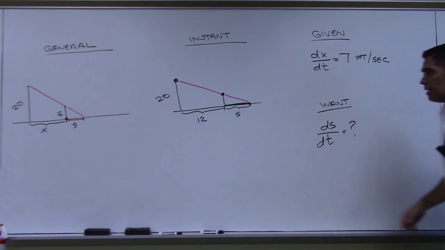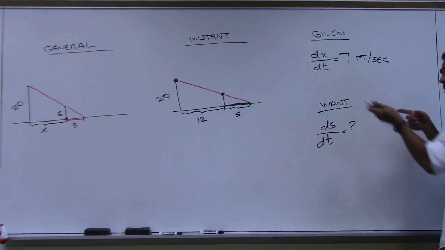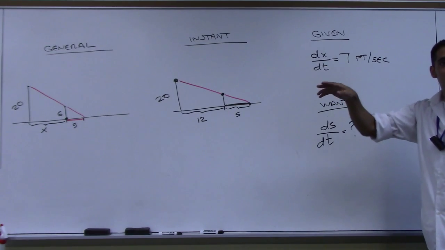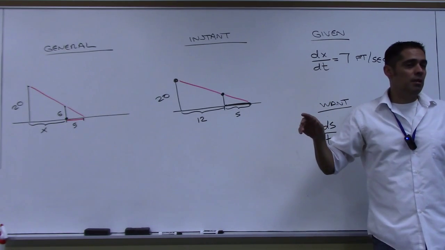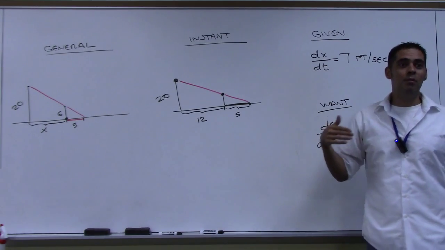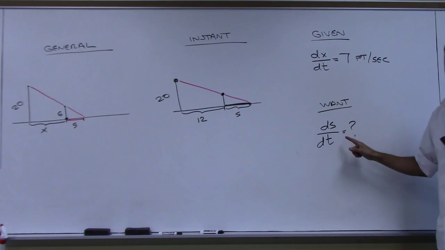It's kind of like, if I'm on a car going 100 miles an hour down the road and I shoot a bullet, then the speed that the bullet is moving away from me is slower than the speed it's moving away from someone who's standing on the ground. Because I'm moving also. So what we want is not ds dt.